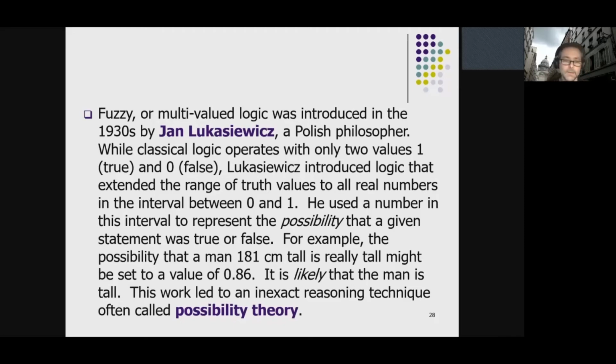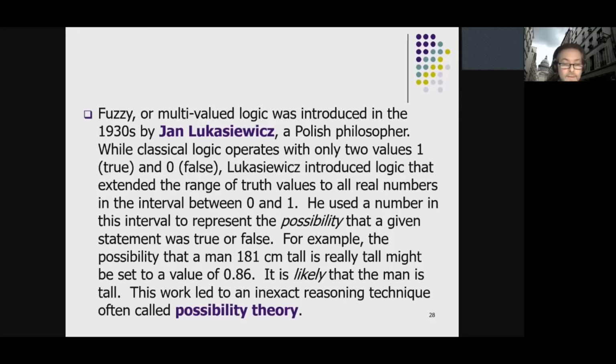Okay. So Lukasiewicz introduced a kind of logic that extends the range of truth values to the real numbers. So you don't have a truth table where numbers are either 0 or 1. You can have a truth table where numbers are between 0 and 1. Okay.